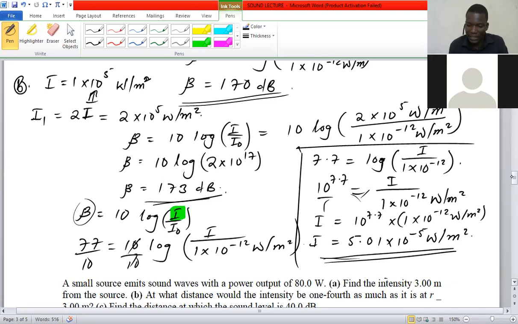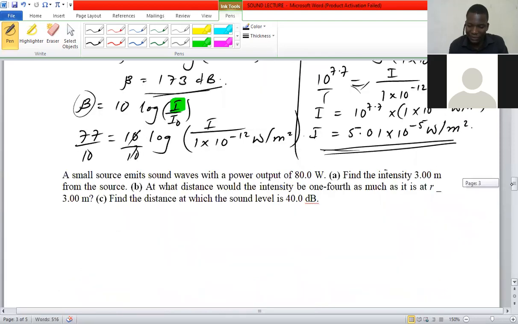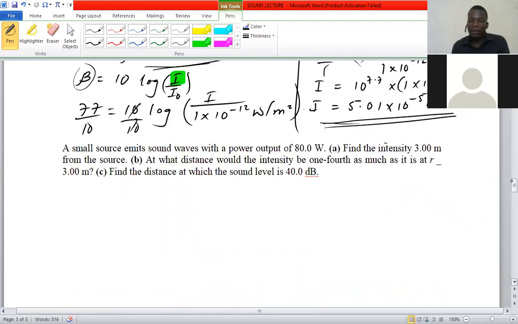So that question is done. In the previous video, we also looked at intensity in terms of the surface area and the power produced from the source.